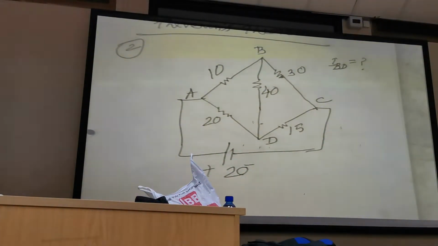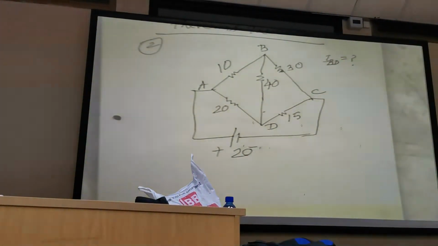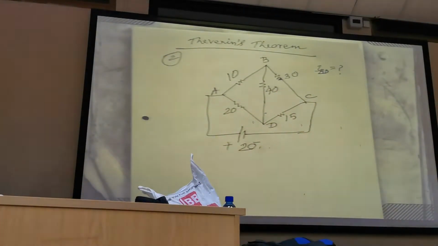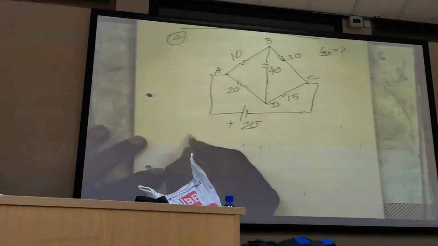Let's go to step 1. In order to do that, I need to zoom out a little bit. Can you see still? Okay. What is step 1? You remember what we did?